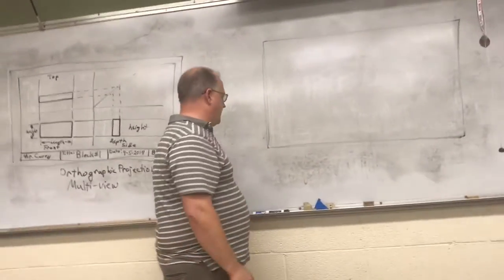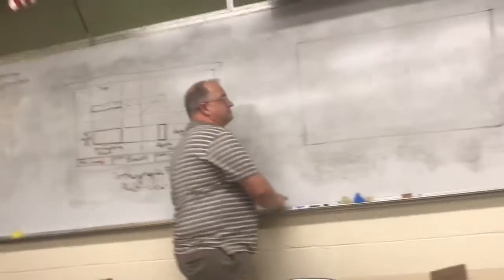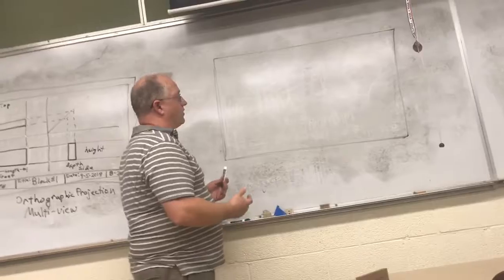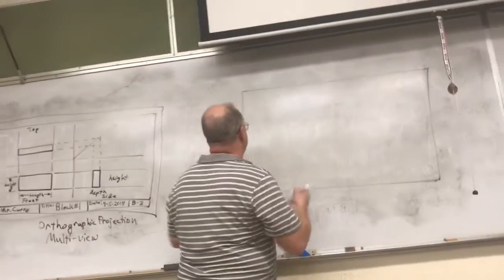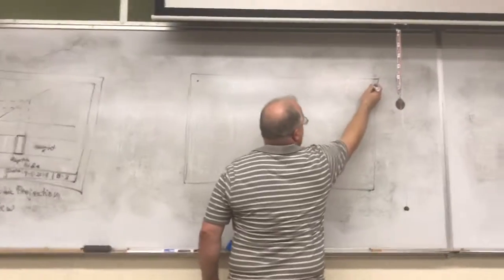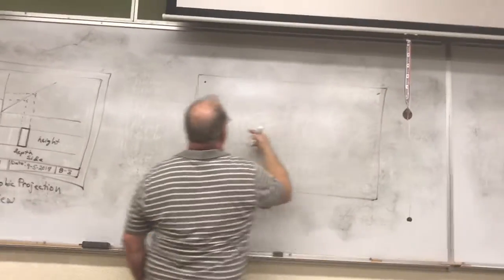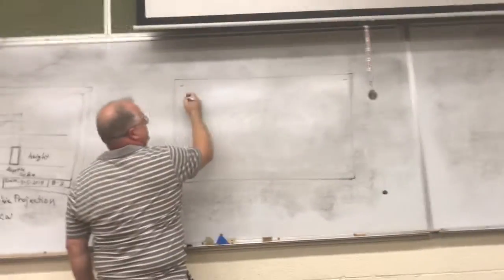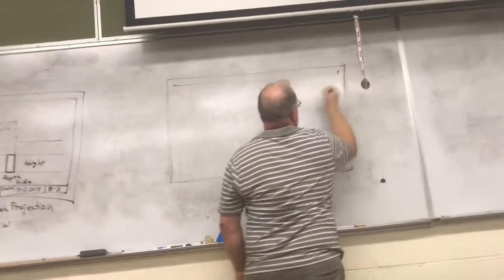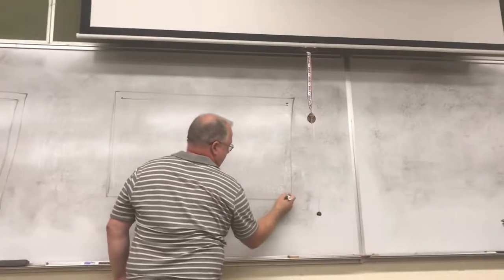Again, we're going to start out with our paper. Turn your paper to landscape orientation. We're going to draw our border lines again. Again, we're going to make these dots 1 inch down and 1 inch over, and then we're going to draw those straight lines, go through, try to keep that as uniform as you can.